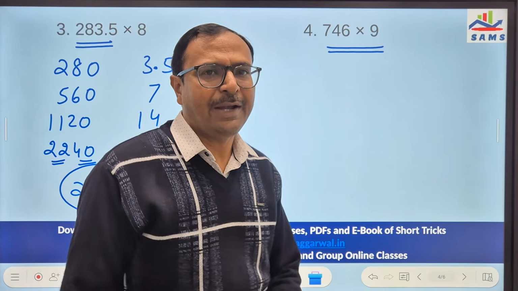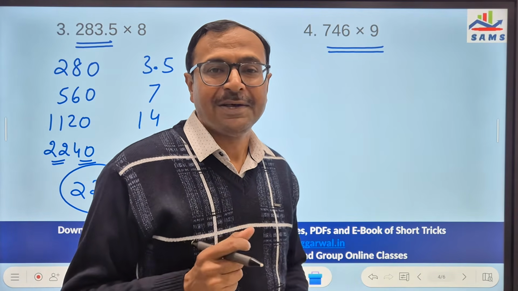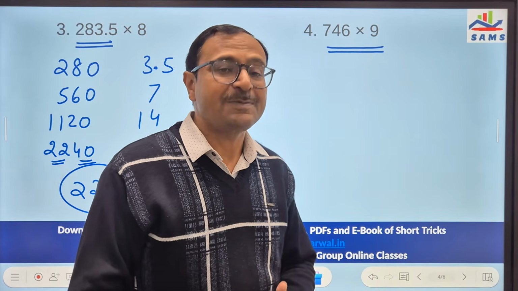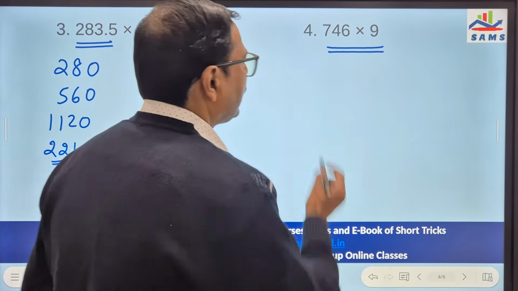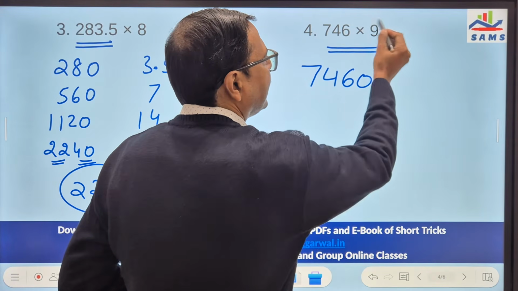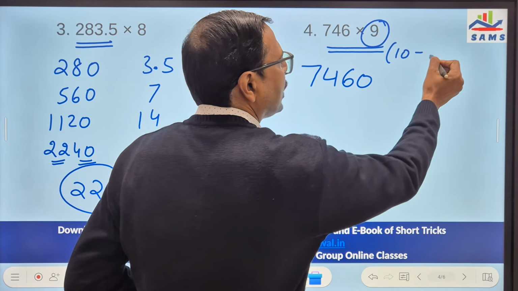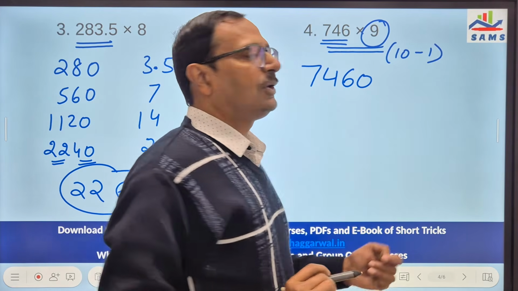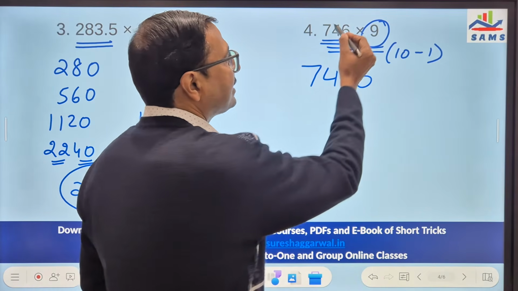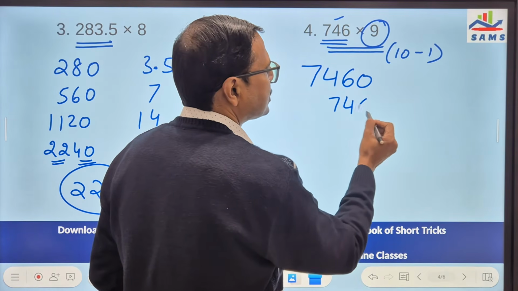This is what I enjoy the most when I see nines. The base number 9 is very important in mathematics, especially in mental mathematics. So what do I do here? I will directly write 7460 because 9 is 10 minus 1. So I will first multiply this by 10 to get a number which has a 0 at the end, and then subtract the same number 746 from this.